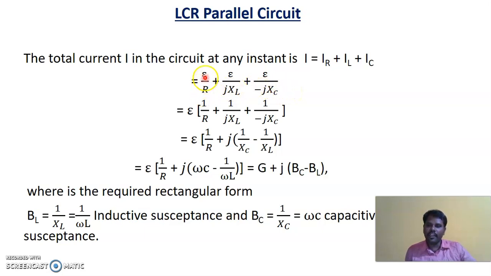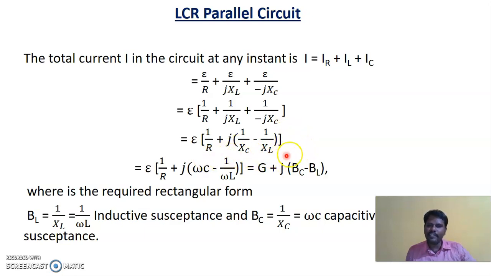Now, taking epsilon common, we represent epsilon into 1 over R plus 1 over j XL plus 1 over minus j XC. Taking j out common, this can be represented as epsilon into 1 over R plus j into 1 over XC minus 1 over XL.